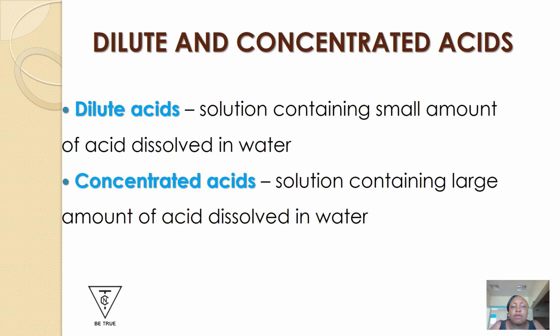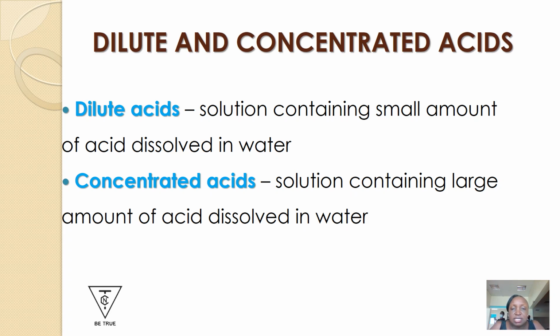Concentrated acids are usually solutions containing a large amount of acid dissolved in water. We keep in mind that we are talking about a solution. A solution contains a solute and a solvent.